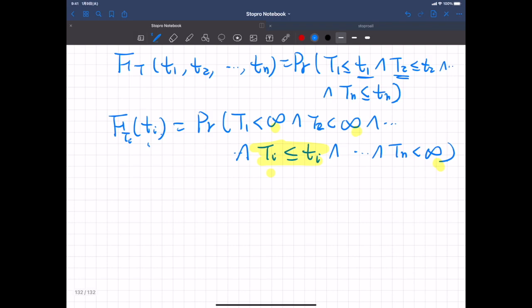And let's assume all these random variables are independent. In that case, we have just the product of each random variable's distribution function.